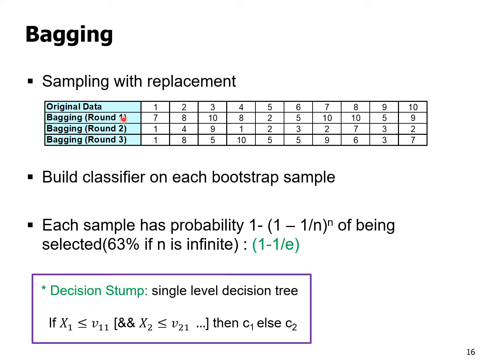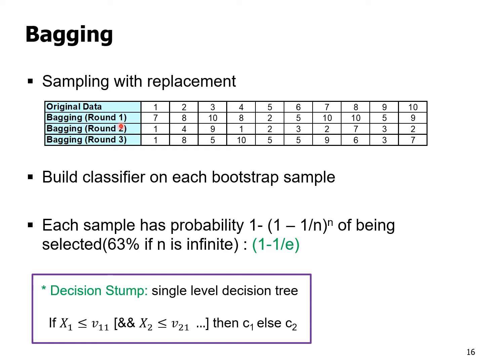This is the result of round 1 sampling, and in a similar way, we do another bagging sampling in round 2, and this is the result. In round 3, this is another result. So now we have 3 samples using bagging, and you can create as many samples as you want.